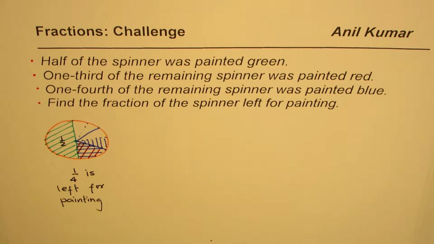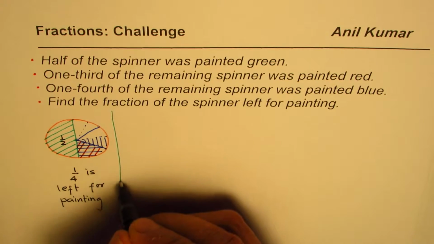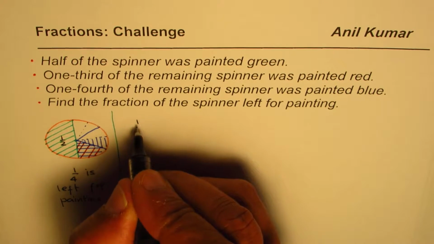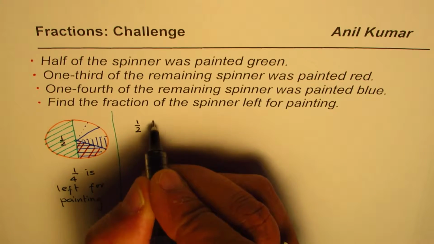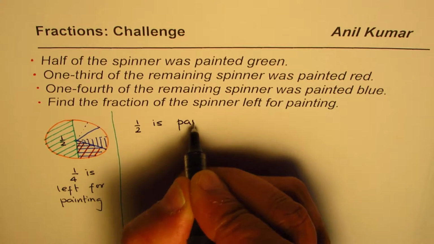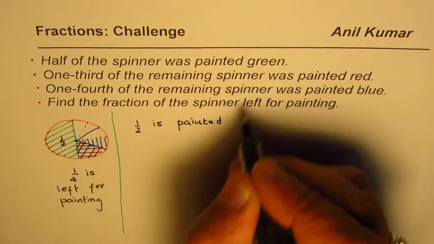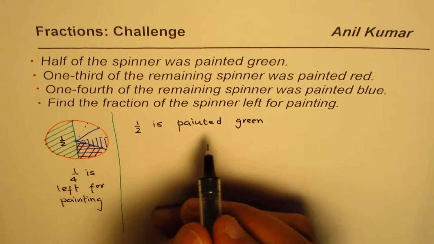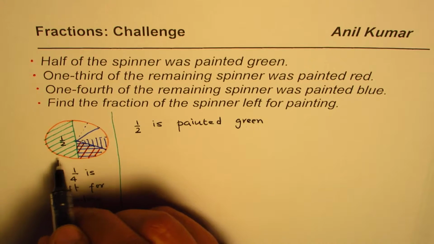That's one way of solving such questions. Now I'll show you a different approach which is more accurate. So what we are saying here is that half is painted green, right? So it means that half is left, right? It means half is painted.